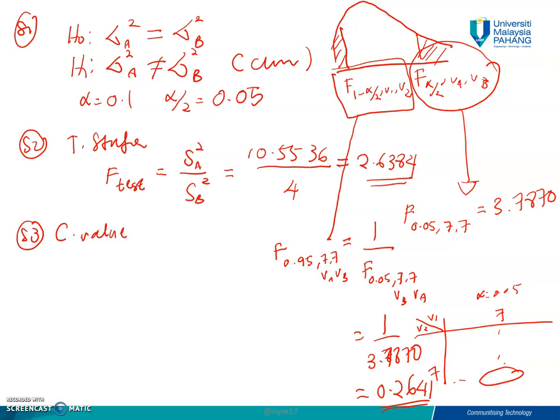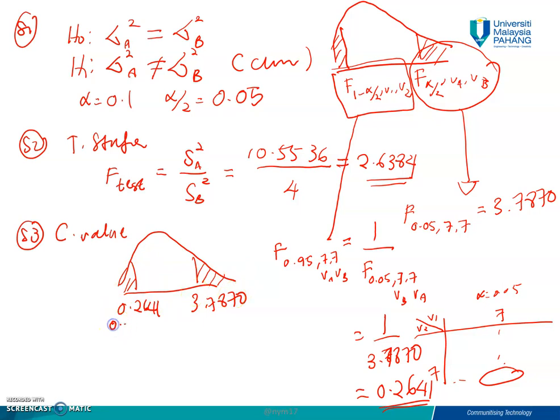Alright, so this value makes sense. Because if you look at the figure here, let's say I draw back the figure here. The right side is 3.7870 and the left side is 0.2641. So the left value should be lower than the right value. Remember I said this is the F distribution.